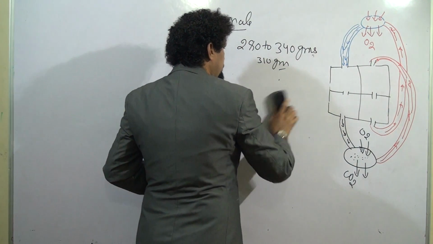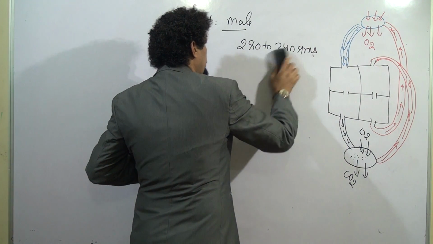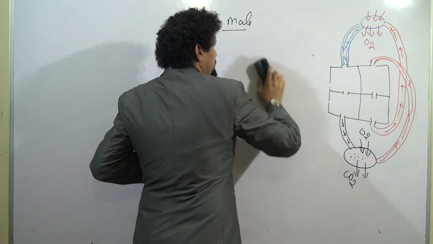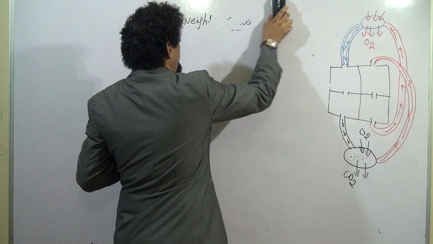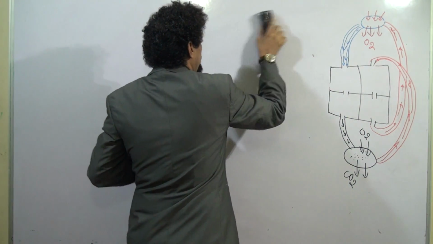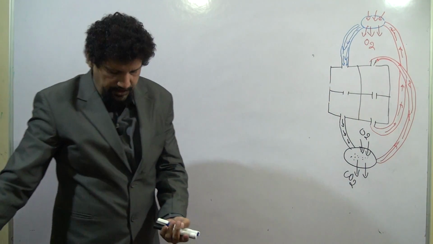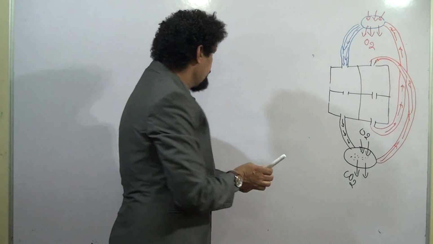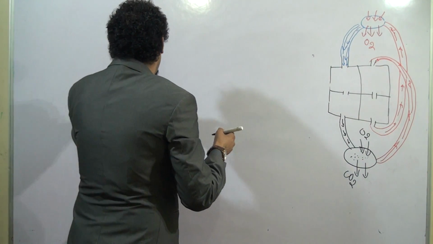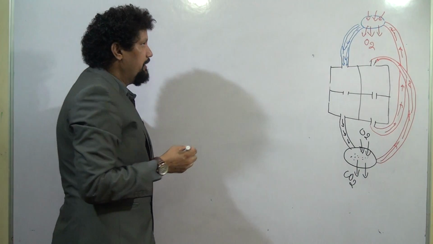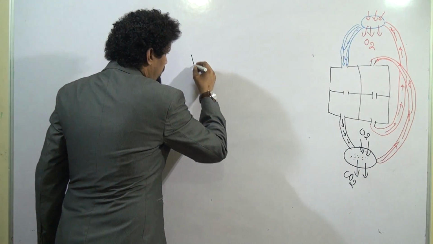The heart is covered by 3 connective tissue layers. I will draw the heart here.